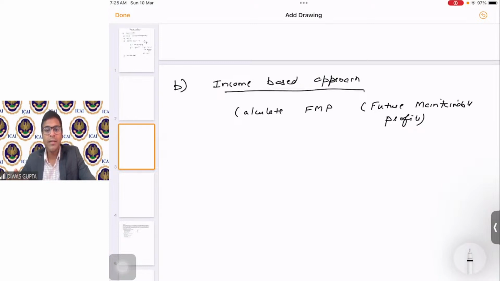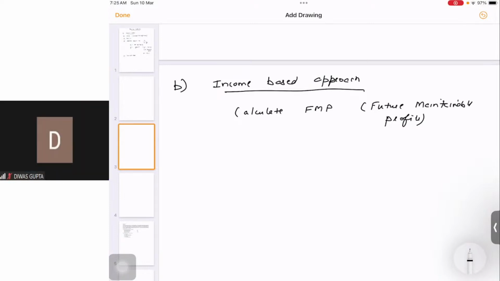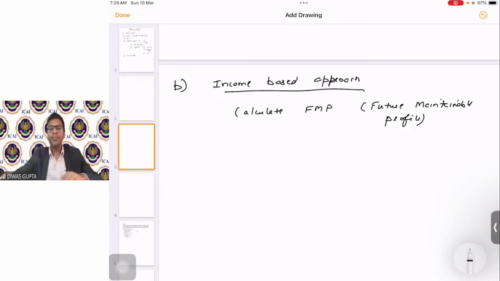I hope it is clear. So future maintainable profits is basically what amount of profits I can expect to continue in future.